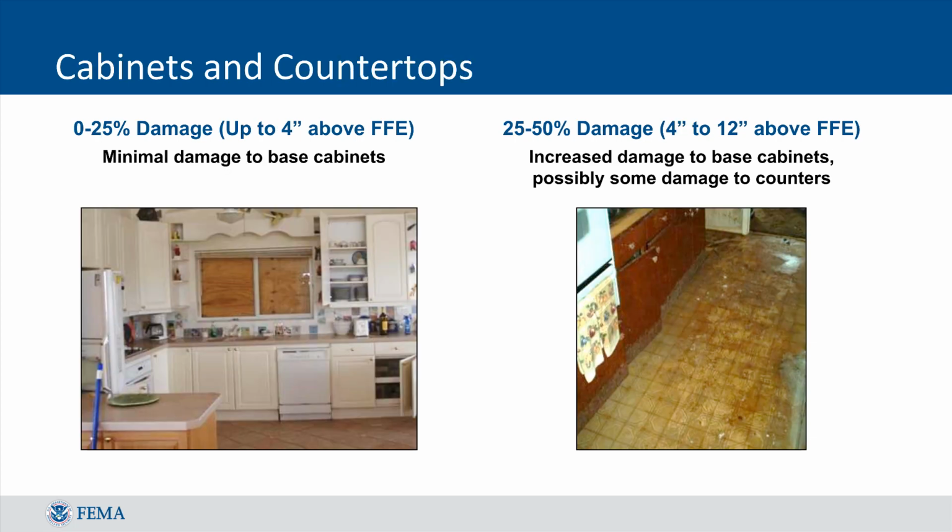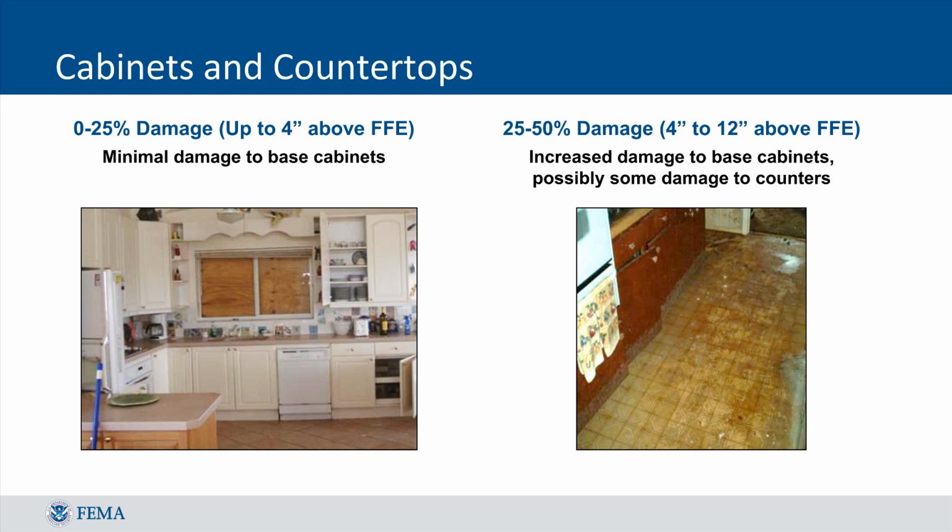Cabinets and countertops are frequently impacted by floods at a 0 to 25% level when there is less than 4 inches of water above the first floor. In this case, impacts are generally only to the lower level of cabinets and not to the counter or wall cabinets. Structures impacted by high winds or infiltration from rainwater when windows are shattered may also fall into this level of impact.